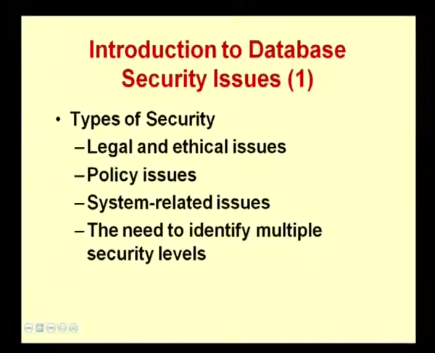So, let us start with database security and authorization. Before we go into that, we have to discuss what are the different issues associated with database security. There are different types of security. One is legal and ethical issues, that is, no one should see our data, policy issues, system related issues, and also one important aspect of a database is the need to identify multiple security levels.